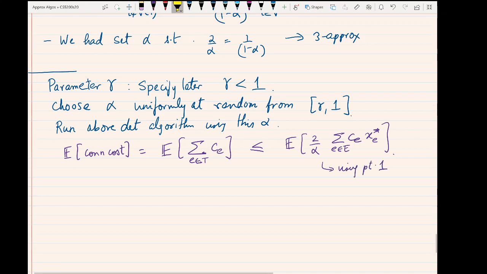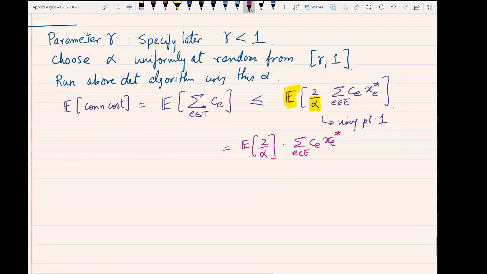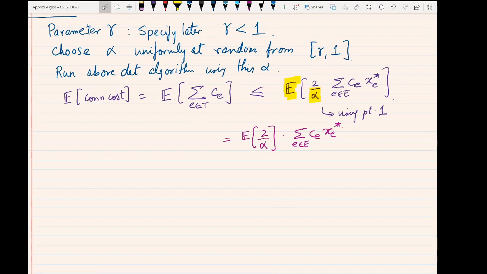The only new factor over here is the expectation because alpha is random. Okay. Now this is equal to the expected value of 2 over alpha times our usual factor. So what is this quantity?